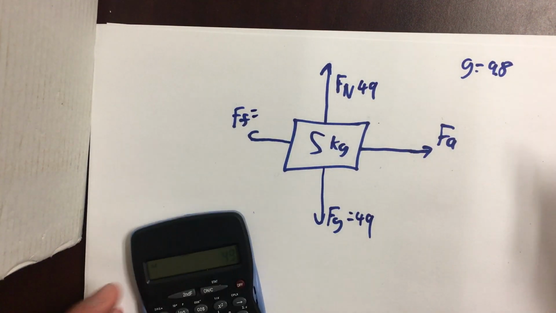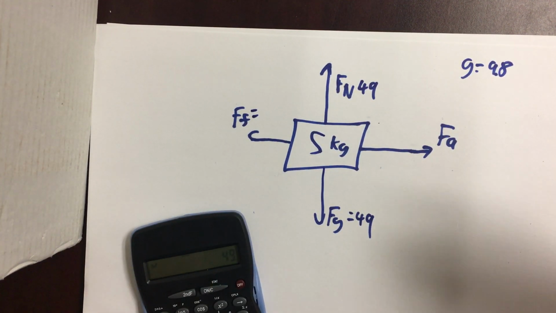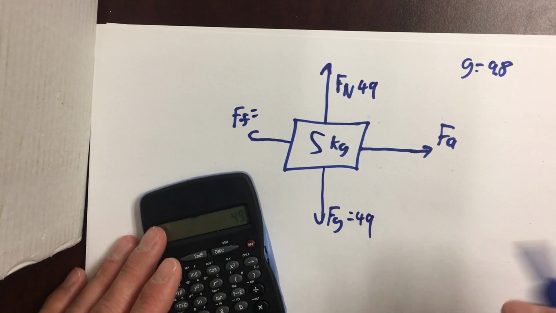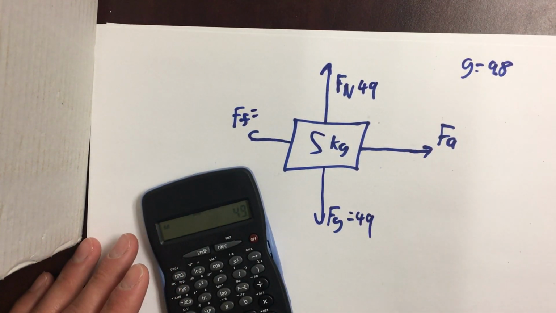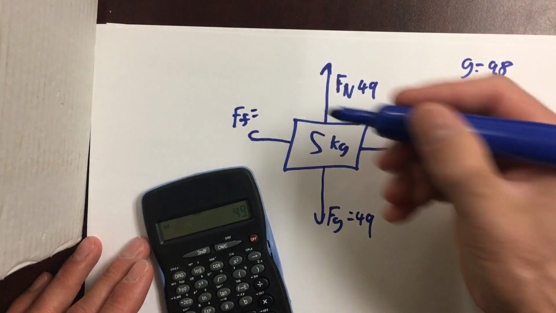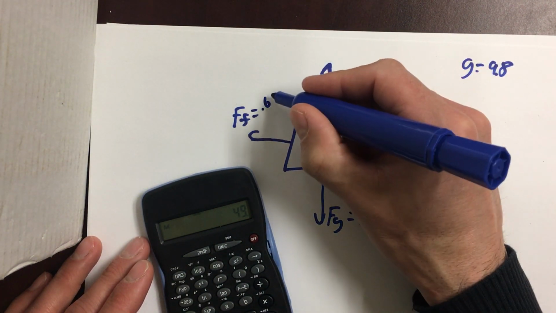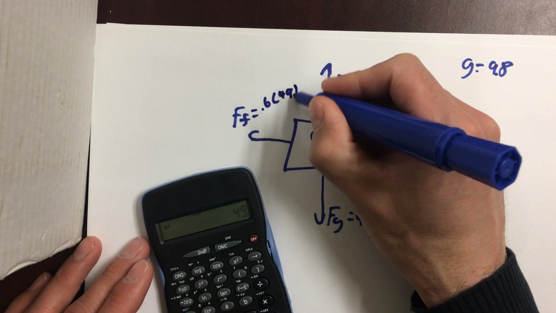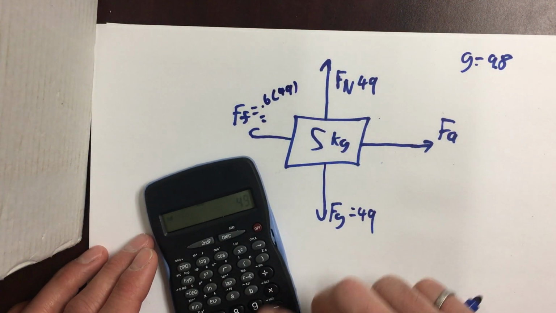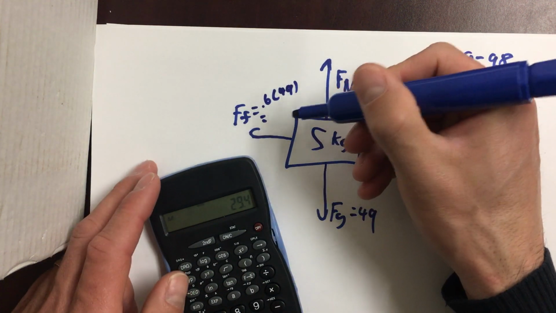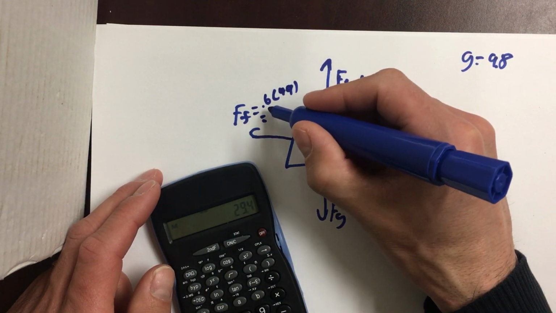And that maximum amount of friction available, which we're assuming we're at because we're finding the maximum applied force here, is going to be the coefficient of friction, which is 0.6, times the normal force, which is 49. So the maximum amount of friction is 29.4.